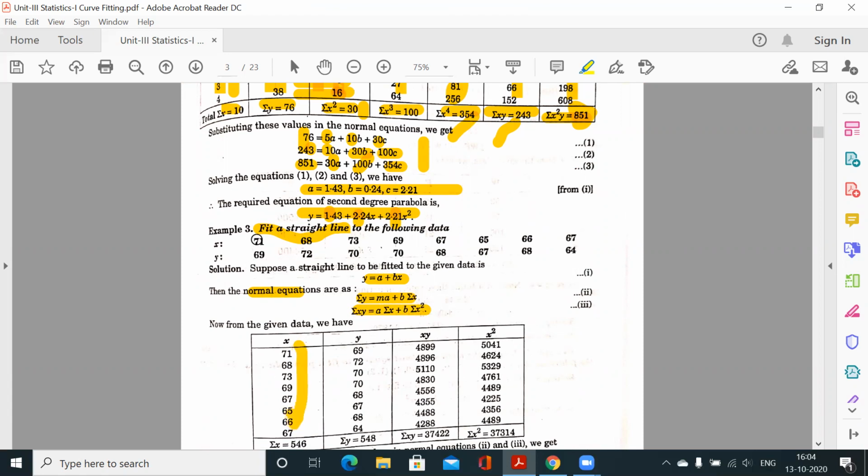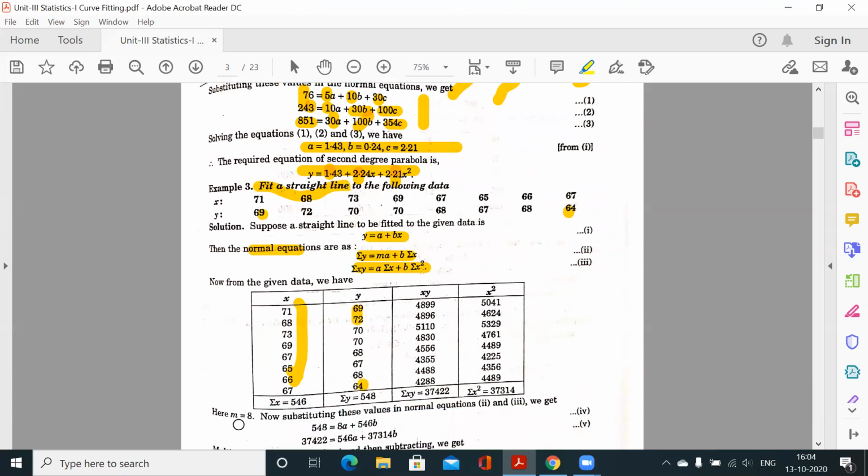So this is x, 71, 68, 73 up to 67, and the corresponding value of y is 69, 72 up to 64. So now what we need is summation x, summation y, next x dot y. So x dot y means 71 into 69, 68 into 72, 73 into 70. So these products, now the summation of products.